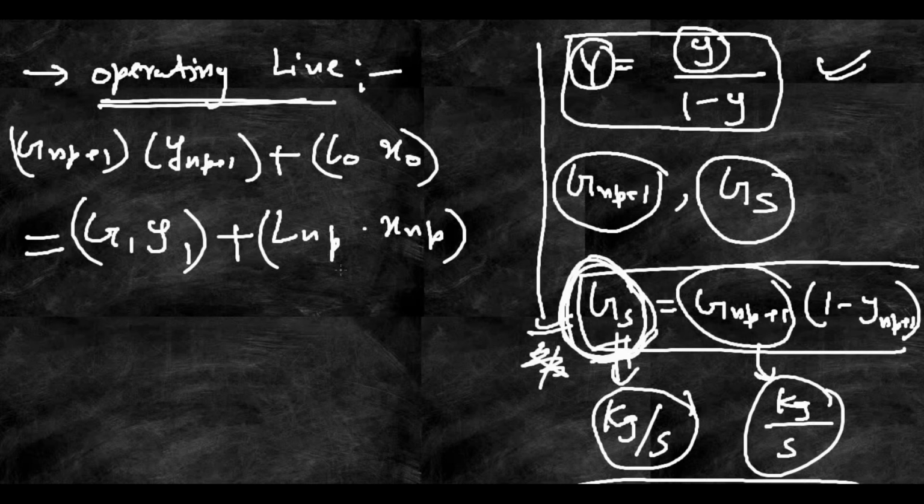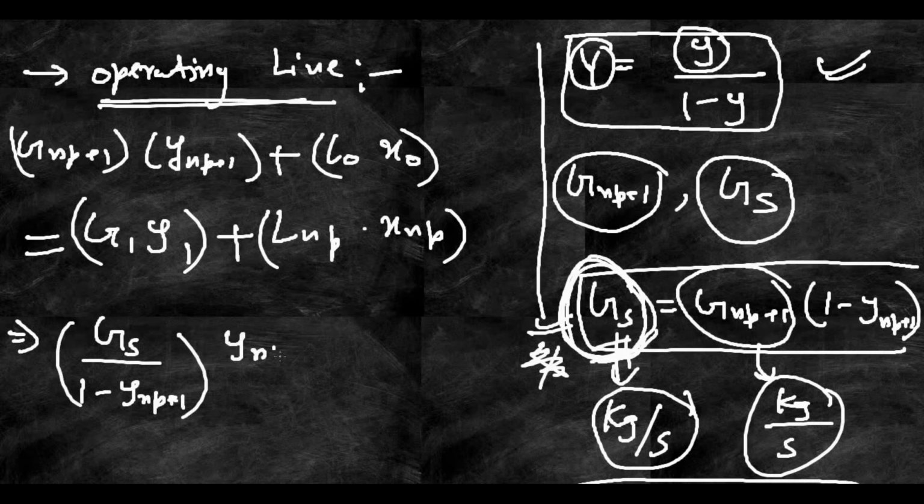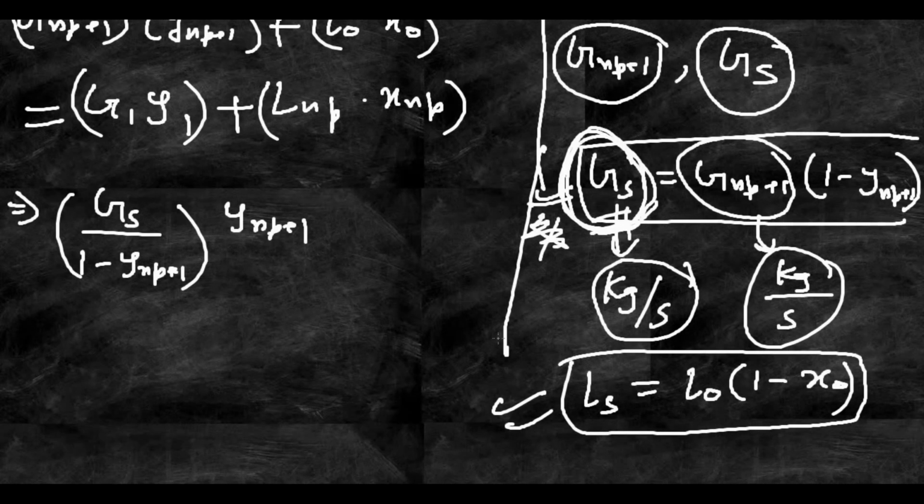So now we will convert this G_{N_P+1} into the solute free basis. If I write G_{N_P+1} in terms of Gs, it will be Gs divided by 1 minus y_{N_P+1}. Now I multiply this with y_{N_P+1}. I will draw a line over here to separate these two boards.